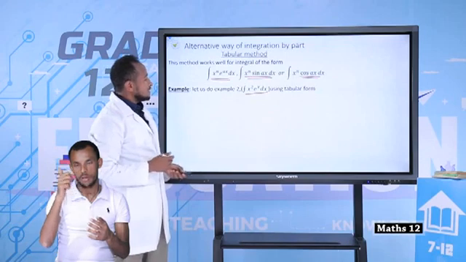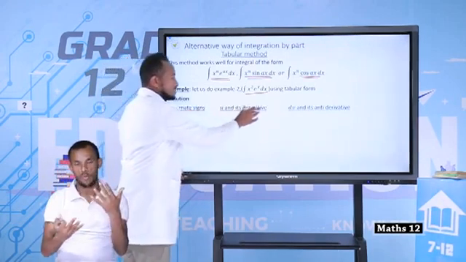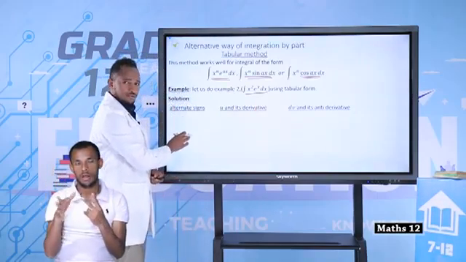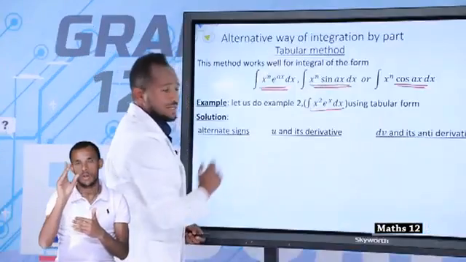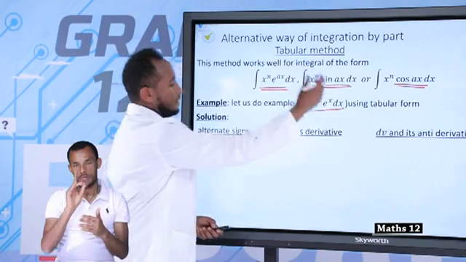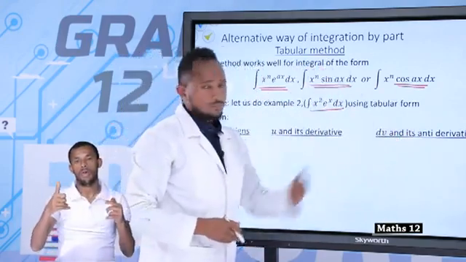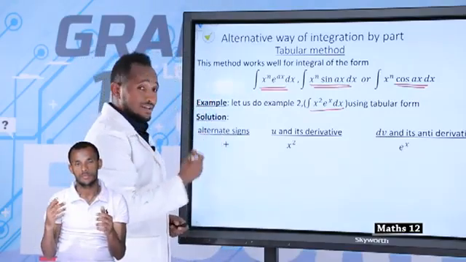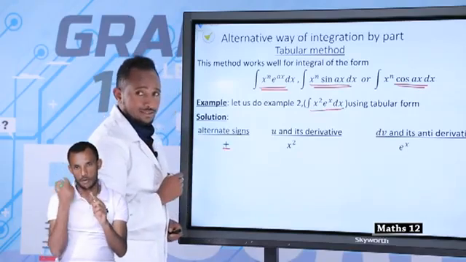To apply this tabular form, you have to put these three things. Here, alternate signs. Next, u and its derivative will be listed here, and dv and its antiderivative are listed there. For the alternate signs, you have to start from plus.